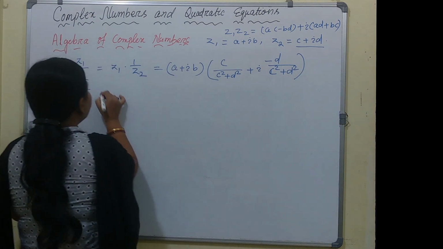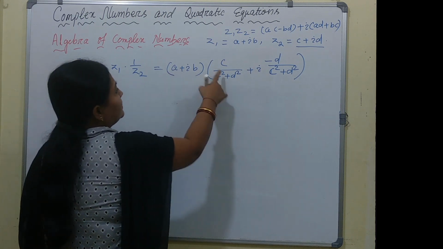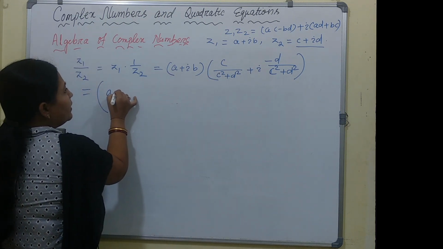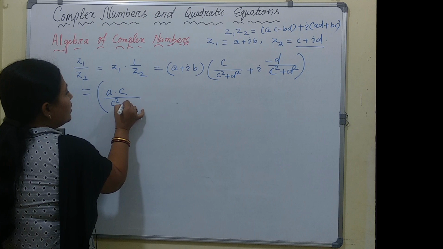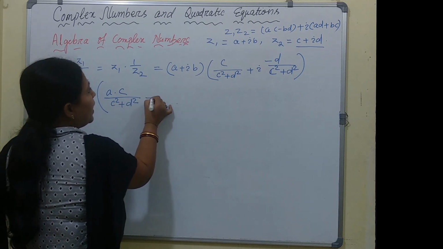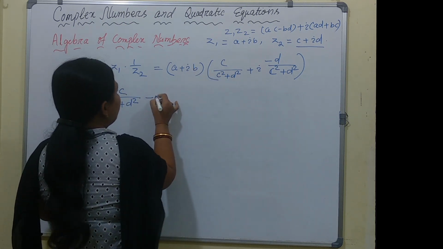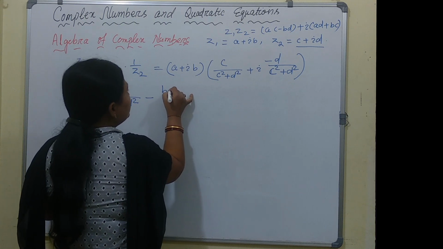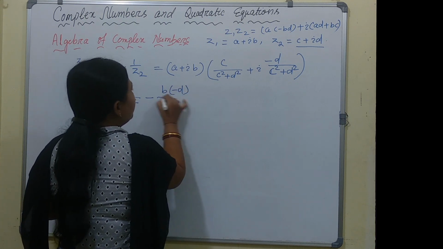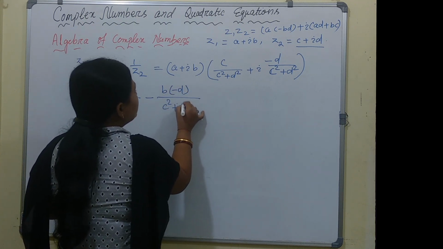So I get ac, a into c by c square plus d square, minus bd, so minus b into minus d by c square plus d square.